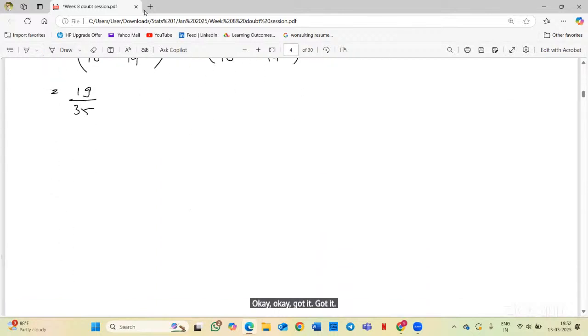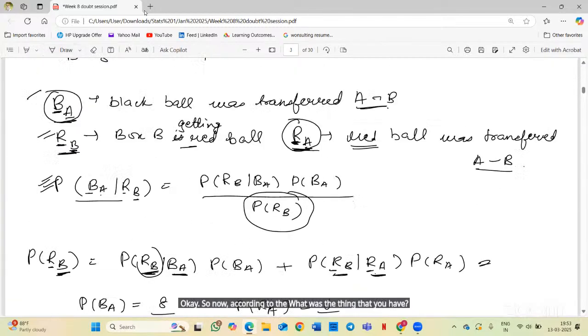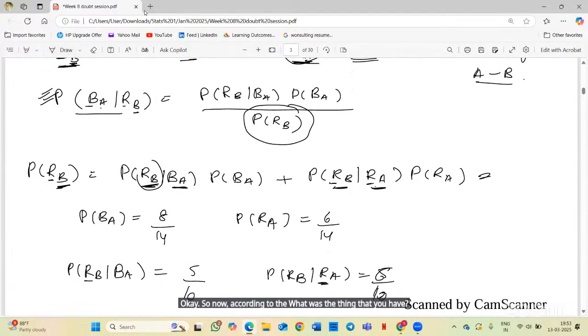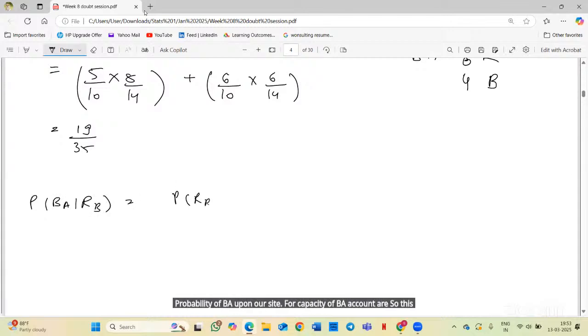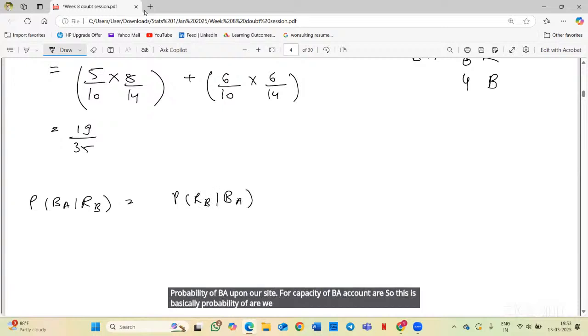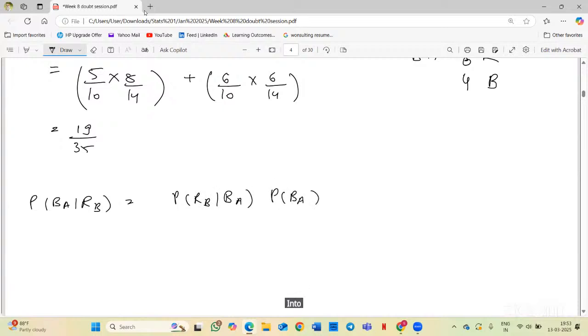So according to what we have, probability of BA upon RB. This is basically probability of RB given BA into probability of BA, divided by probability of RB.